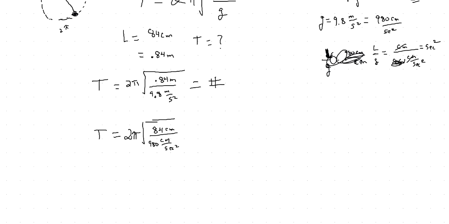Okay, and this number, whatever I get, is the same number. It doesn't matter if you do G in centimeters or meters, L in centimeters or meters, as long as they both have the same units. So we get the same number. Okay, and we'll come back to this in a bit.